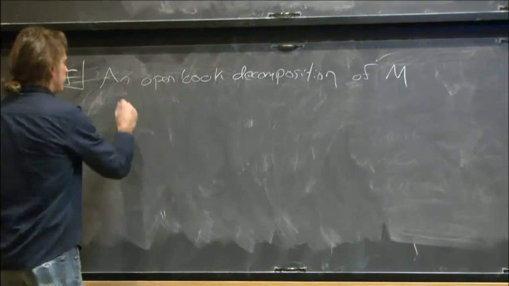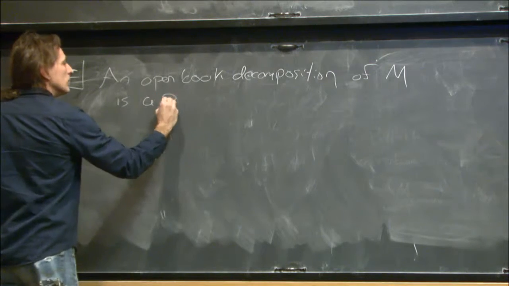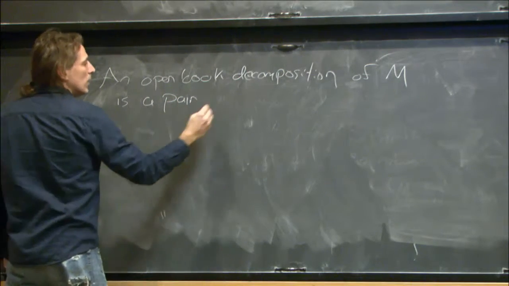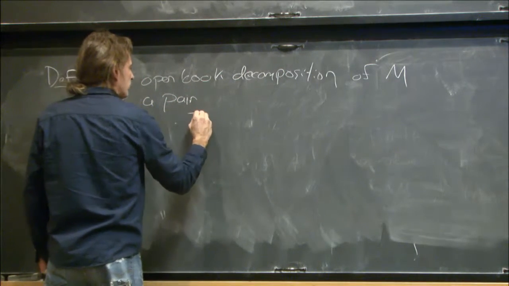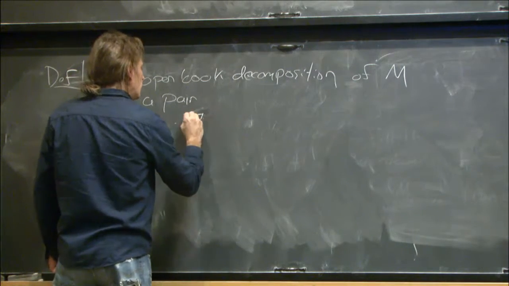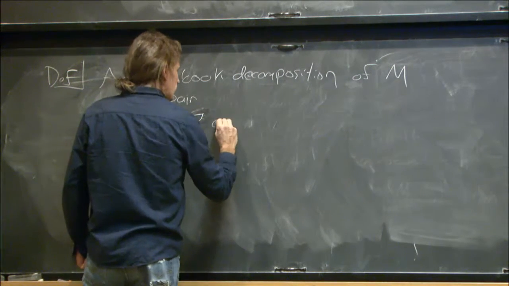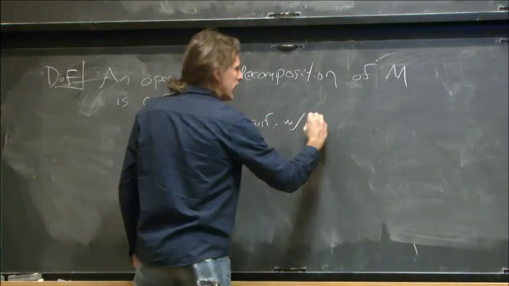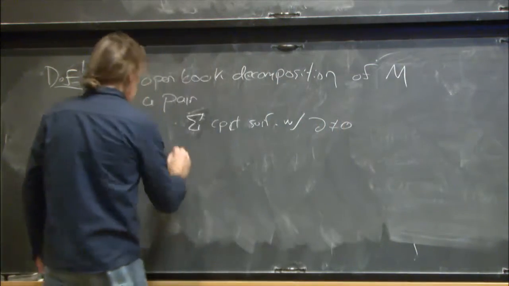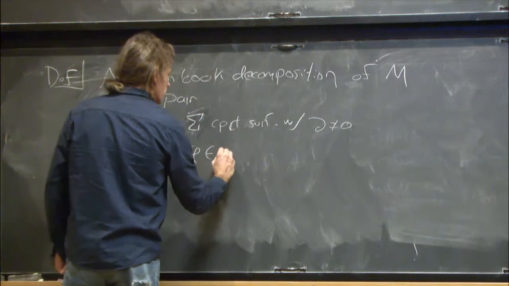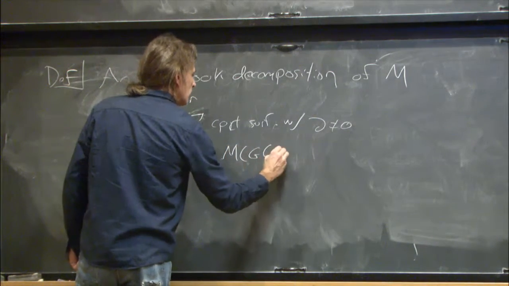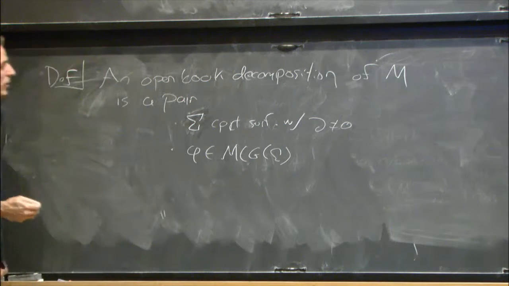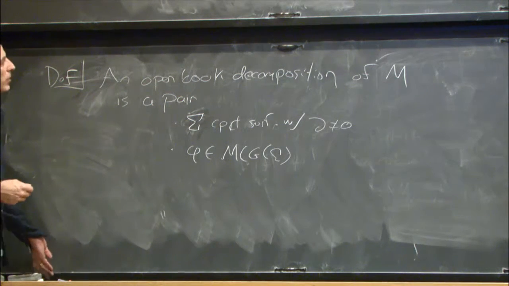So it's a pair of a compact surface with non-empty boundary and some element of its mapping class group. So just some isotopy class of self-diffeomorphisms, which is the identity near the boundary.